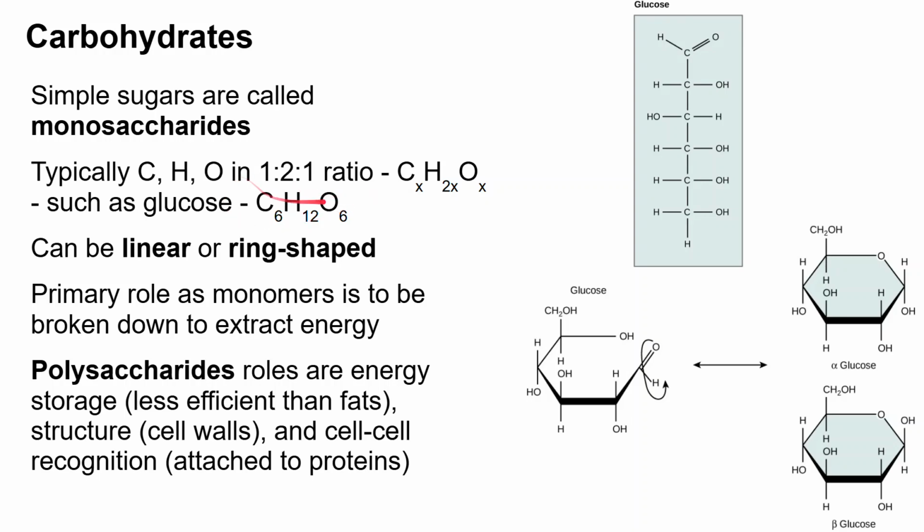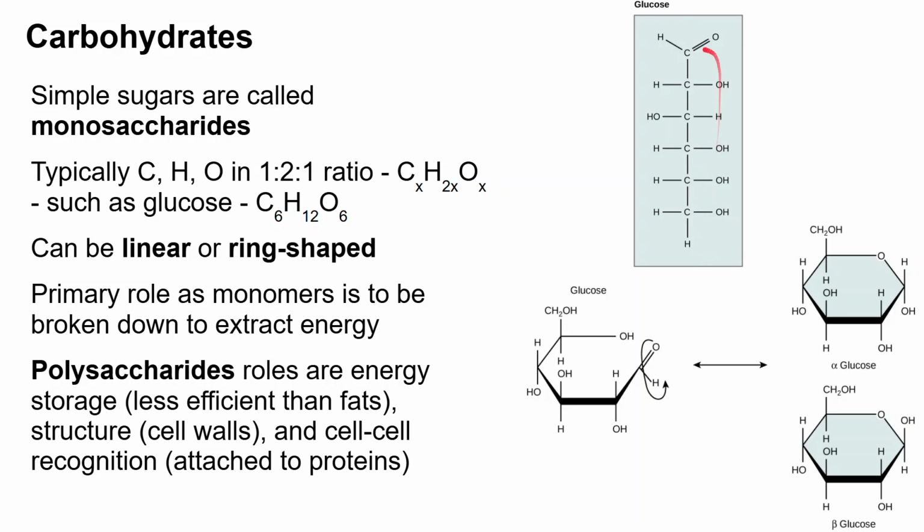So when we come to here from our fatty acids, we're basically exchanging a lot of hydrogens for hydroxyl groups. We're taking away energy potential, but we're adding a lot of polarity to this molecule. And so it ends up being something that, unlike fats, dissolves really well in water.